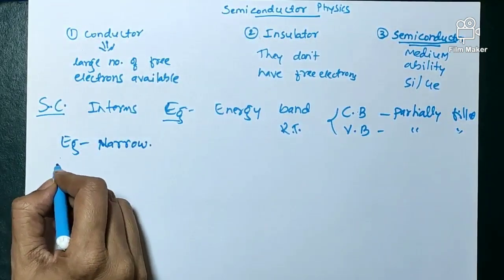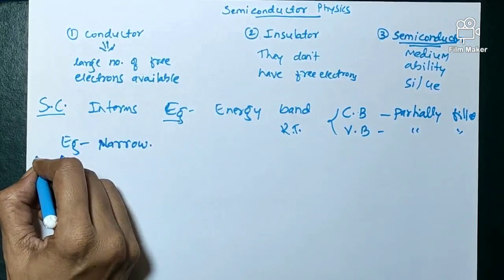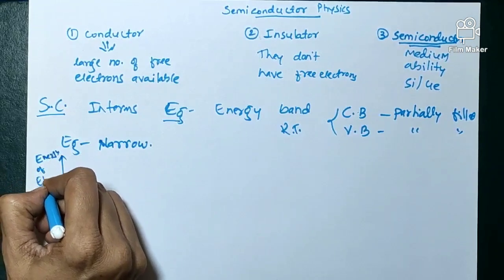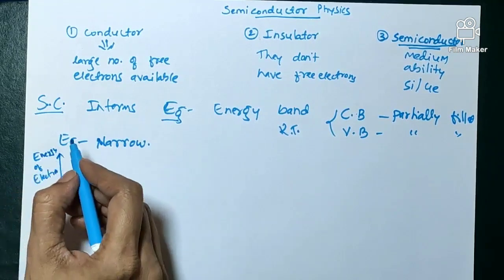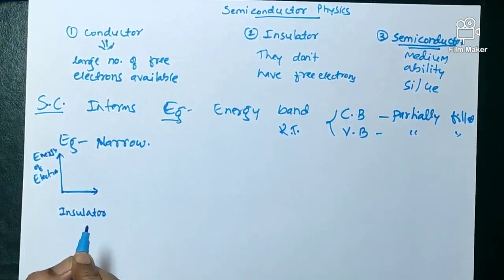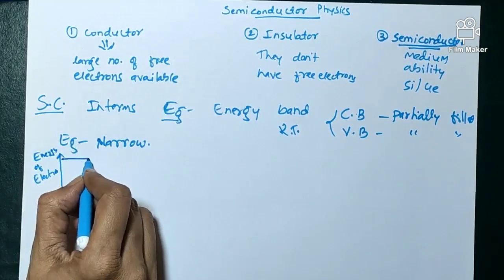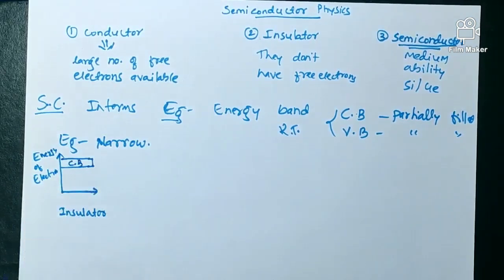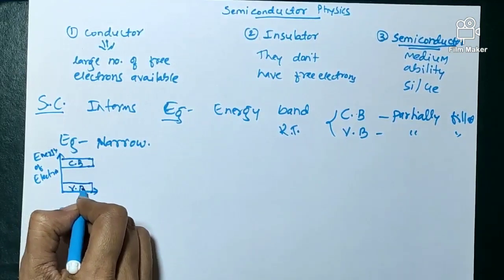So let me explain with a diagram. Suppose this axis is the energy of the electron. If you take the insulator first, the uppermost band is the conduction band, in short CB, and the lowermost is the valence band, that is VB.